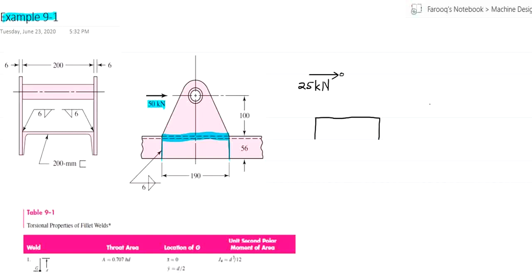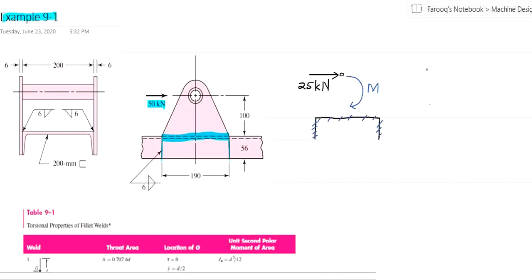Now we can see that this 25 kilonewton is going to produce a moment M, and this moment is on the same plane in which our weld profile resides.